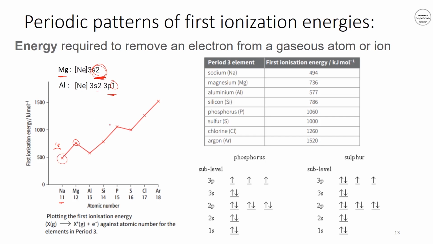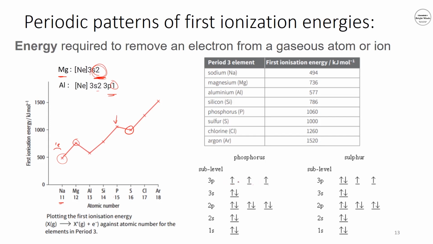Now moving to silicon, the ionization energy increases, and the reason behind that is that non-metals tend to gain electrons, not lose electrons. So it is very hard to take out 1 electron from their outermost shell. This is why you can see that the first ionization energy is increasing, but you can see this drop between sulfur and phosphorus. The reason behind that is that phosphorus has a higher ionization energy because you are taking from 3 electrons.